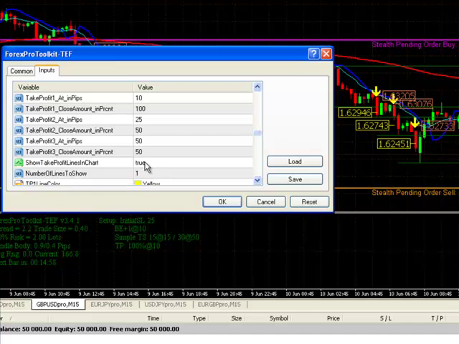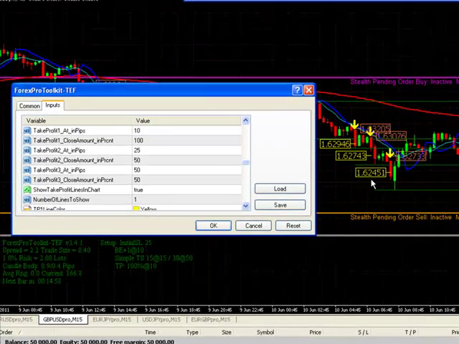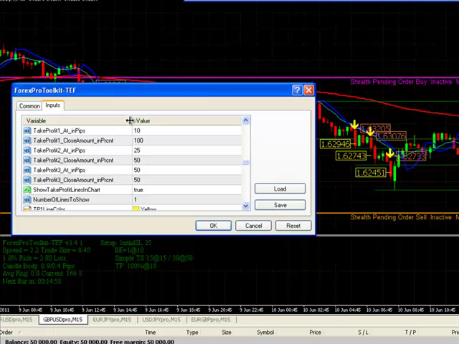That way the toolkit can set the line to the suggested take profit point, overriding these settings up here. Now when you do that, what it will do is make the first take profit point be at the suggested take profit point. It will still keep the percent closes.